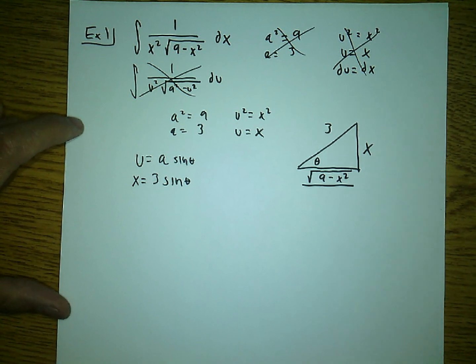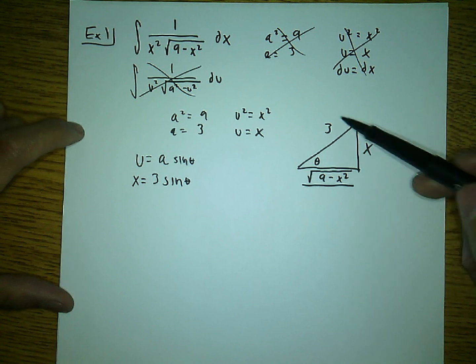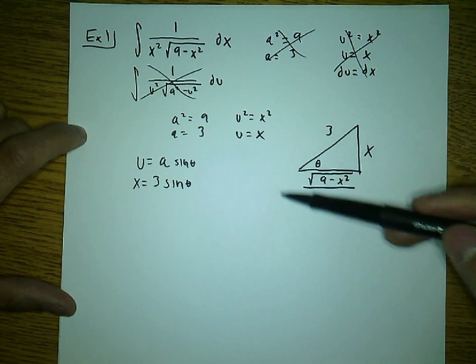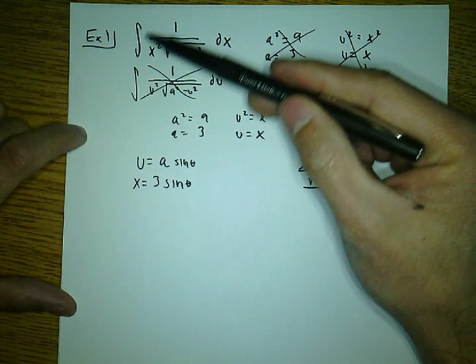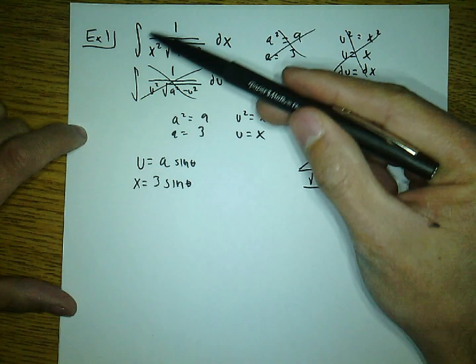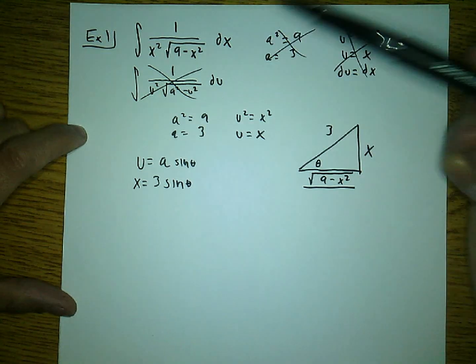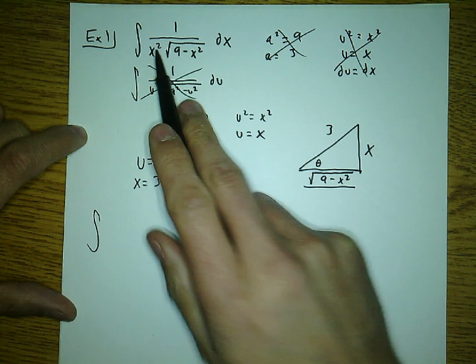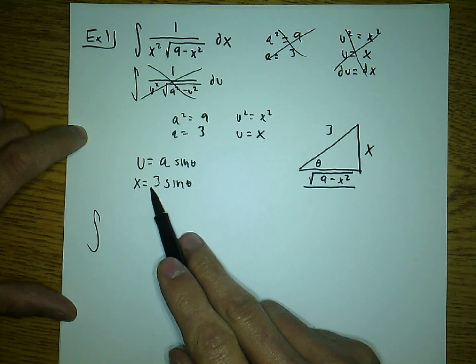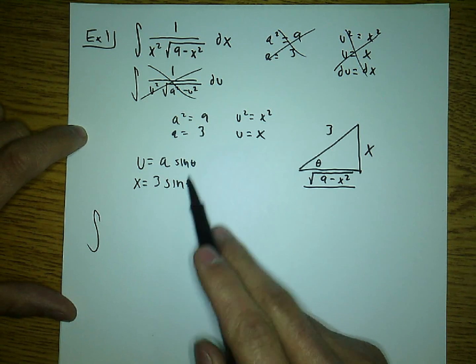Okay. Ready? This is called trigonometric substitutions because we're going to make use of this triangle to help us make substitutions here. Ready? For example, x squared, I can substitute by 3 sine squared.